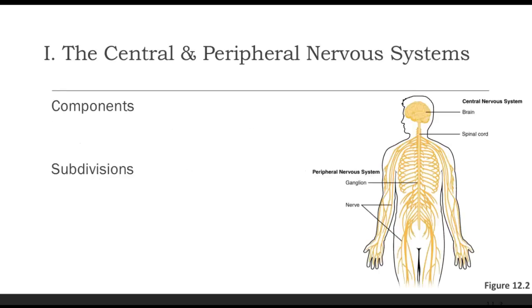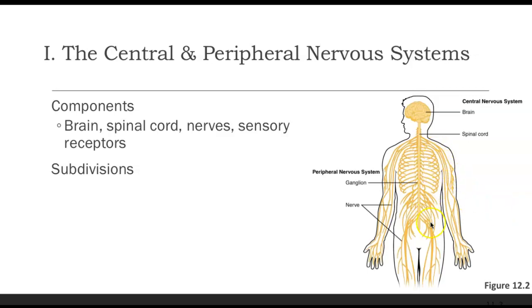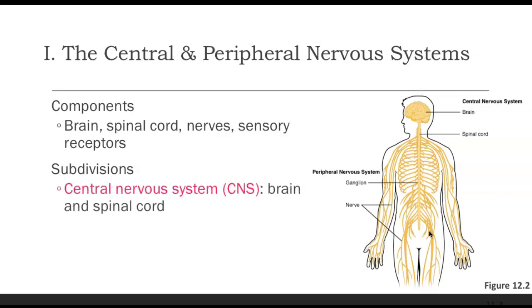Our nervous system has a couple components that are going to consist of the brain, spinal cord, these peripheral nerves, and also receptors. And we can subdivide our nervous system into two main systems. First, we have our central nervous system, which I'll refer to as CNS, which consists of the brain and spinal cord.